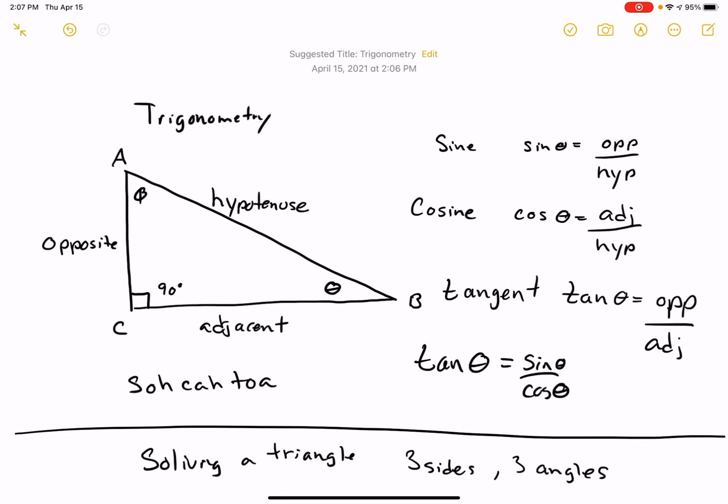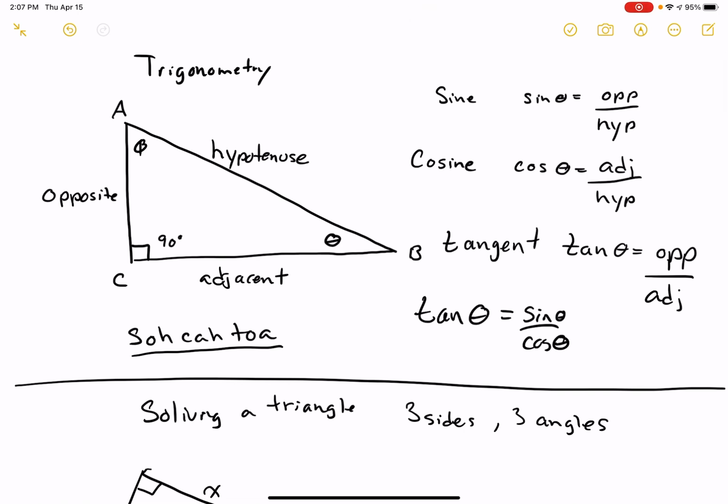One memory trick that you can use to help you memorize what these are is SOHCAHTOA, which you may or may not have heard before. Sine is opposite over hypotenuse, cosine is adjacent over hypotenuse, and tangent is opposite over adjacent. This memory trick can work well if you remember that some of the letters are silent.